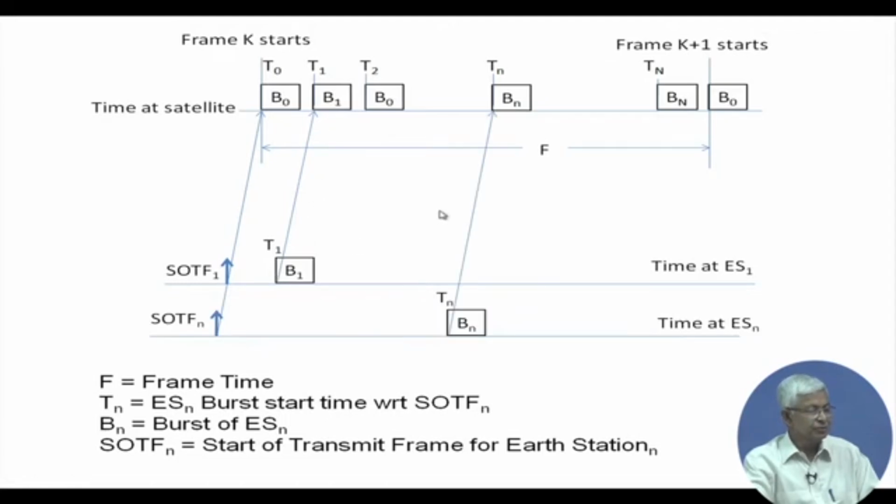Similarly, station 2 or station n will estimate SOTF n for his position with respect to that nth position delay. So, as if he is replicating what is happening at the satellite with respect to the reference, but he is imagining as if he is transmitting the reference burst. How will he know when the SOTF should be? That is the question.